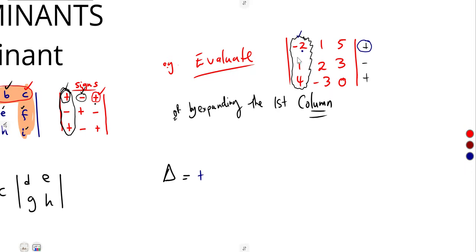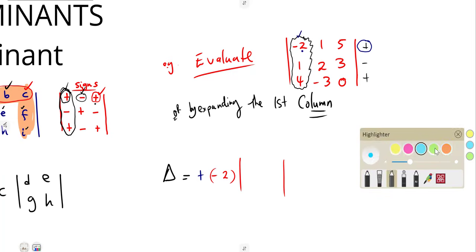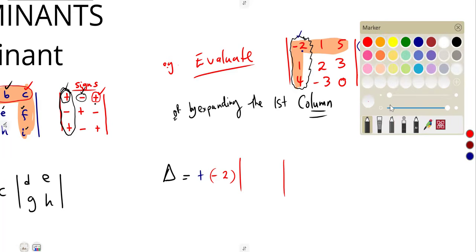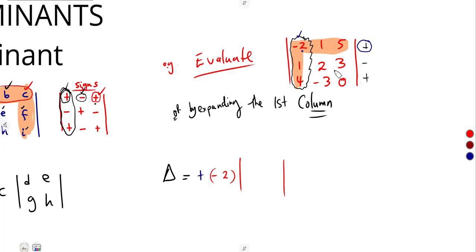So the element must be considered. Element -2. Then we must determine the determinant when we close that element, -2, when you close its row and column. When we close it, what is the determinant? The determinant of what is left is going to be 2, 3, -3, 0. All right, let's move on to the second term in that column.